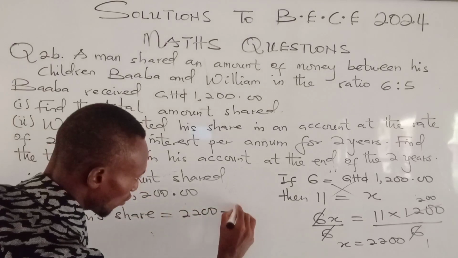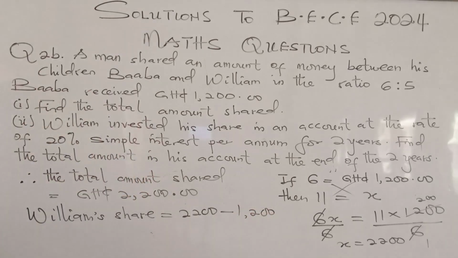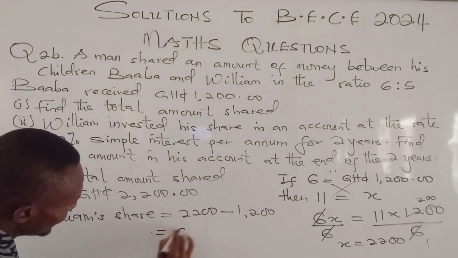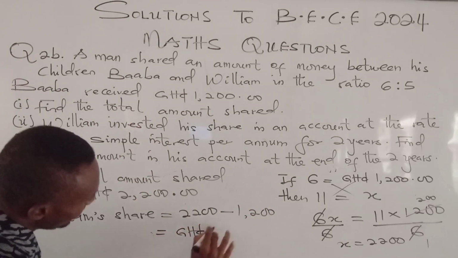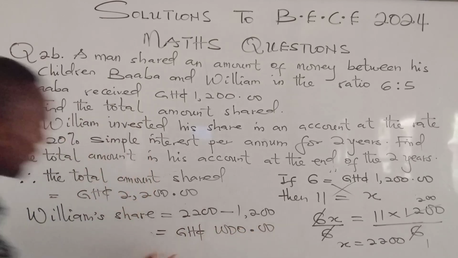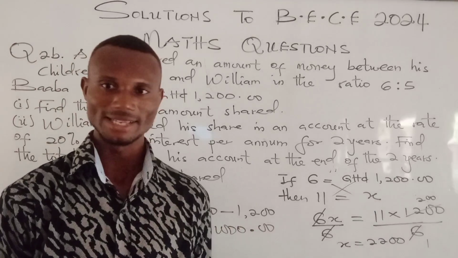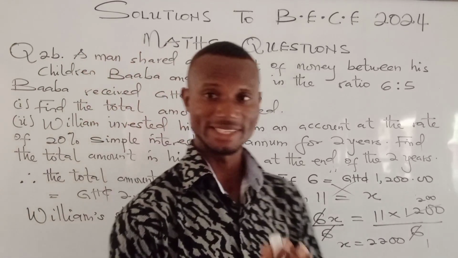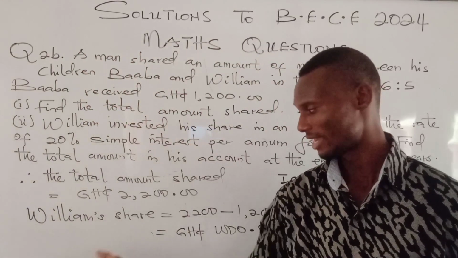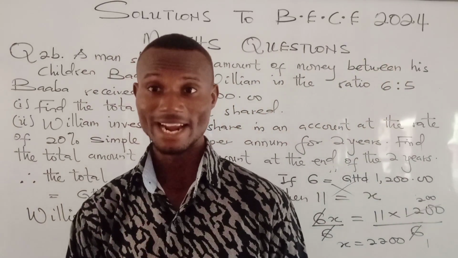Baba's share is 1,200 Ghana cedis, and I hope you agree with me. And that will give us 1,000 Ghana cedis. So this is William's share. William's share is 1,000 Ghana cedis. I hope the explanation is clear enough up to this point. Very simple. So we have William's share to be 1,000 Ghana cedis.